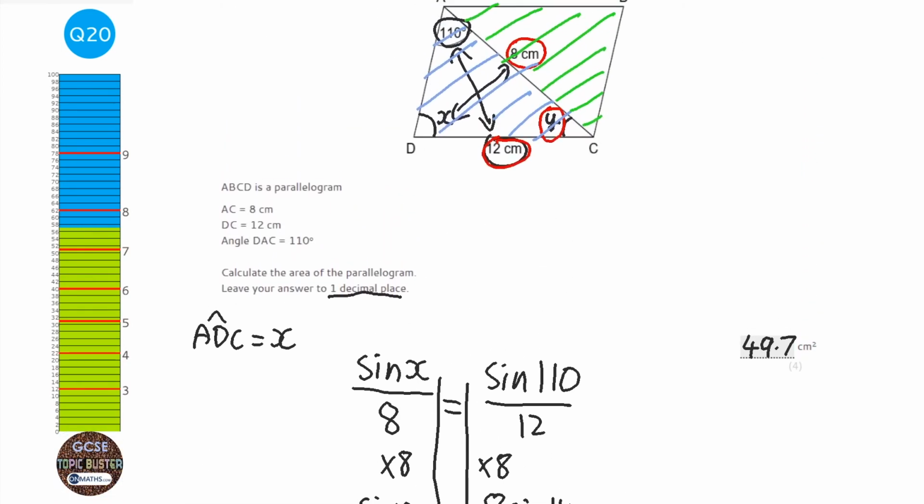Now, that's why you must show your working out, because if you got, say, 50 rounded to the nearest decimal place, or 49.8 or something, then if you can show that you've done all of the steps and the reason why you got slightly off was because you rounded some of your working out, you might get full marks, but you would get at least all but 1 mark for the question.